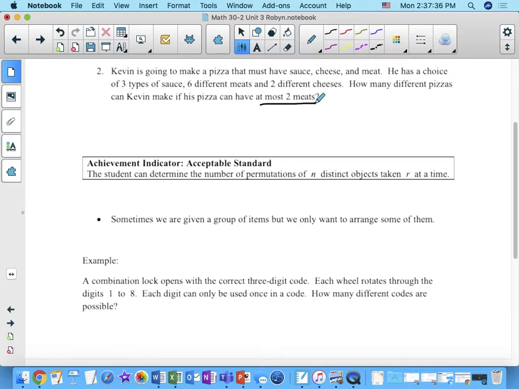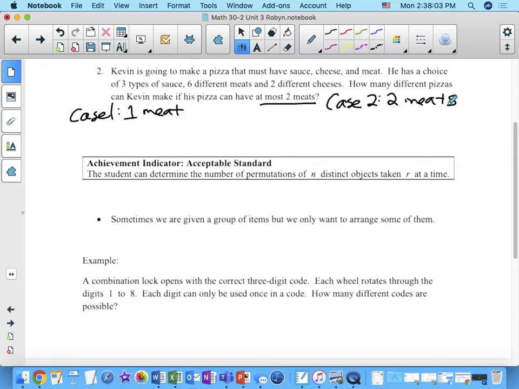Yes. Okay. So case 1, 1 meat. Case 2, 2 meats. Okay. So if we're looking at case 1, how many spaces should we have? 3, because we've still got to pick 3 things.